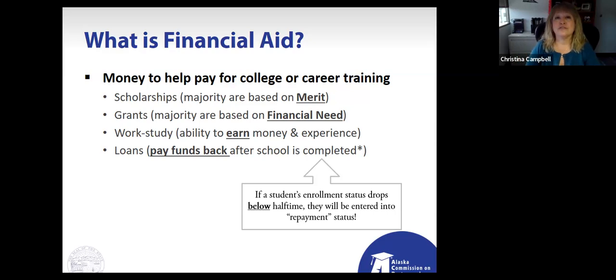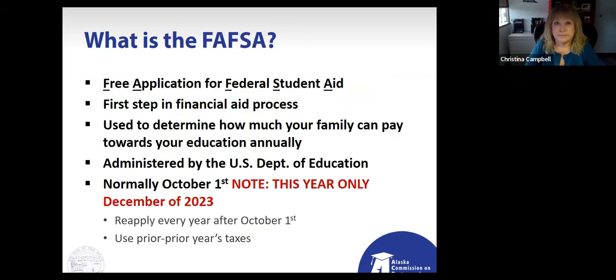So 2 years prior is the tax information that financial aid works with. It's going to be 2 years prior to this academic year, which makes it 2021. So that's how you figure it out and keep track. Just 2 years prior to the academic year that the student is going to college in.